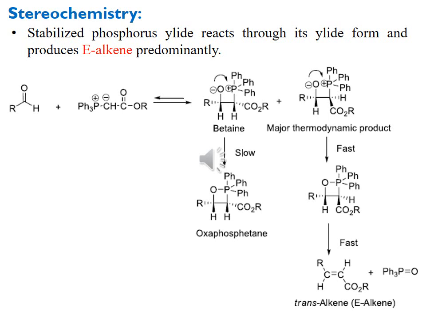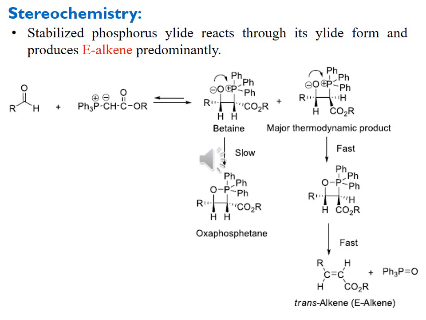Here is the second, the stabilized phosphorus ylide, which gives E-alkene predominantly, and you can see the mechanism here. Aldehyde reacts with phosphorus ylide and forms a betaine, which reacts. And you can see here are two products. One is betaine, second is the major thermodynamic product. In both of these cases, you can see the difference that R and ester group are on the same side in betaine, and here the major thermodynamic product is one in which R and ester group are on opposite sides.